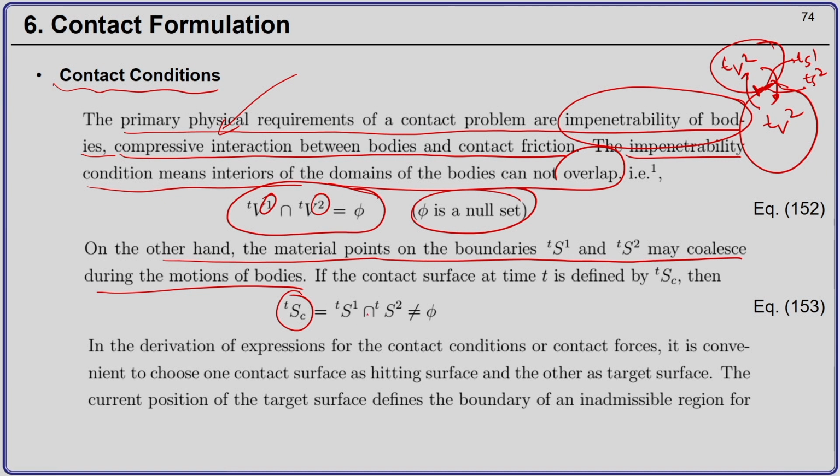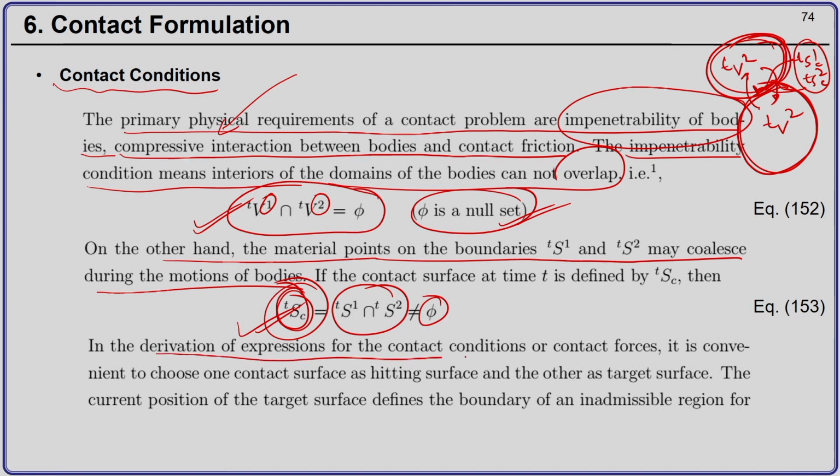So, the intersection of the surfaces of two bodies, this is the entire surface of body 1, this is the entire surface of body 2, and if you take the intersection of these two, you will get what is called the contact surface, and this is not a null surface. So the intersection of the volumes gives you the null set, while the intersection of the surfaces gives you the contact surface.